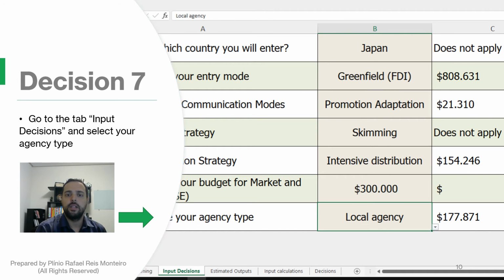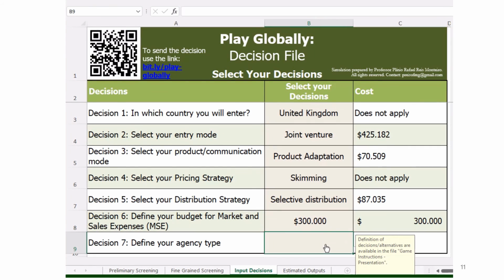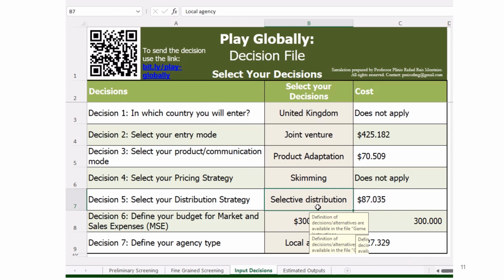And then you can go to the Input Decision tab and enter your final decision, the last decision, that is the type of agency. In our case, I think that a home country agency will not be enough because I know that there are some cultural and institutional differences from my country to the target market, and I may try a local agency to see the cost.